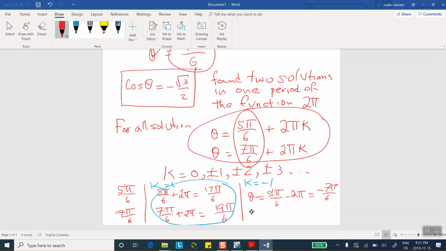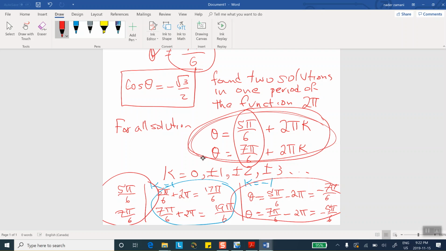And theta equal to 7 pi over 6 minus 2 pi, and this is, let's make sure we get this right, minus 5 pi over 6. Okay, look, I found 6 solutions.